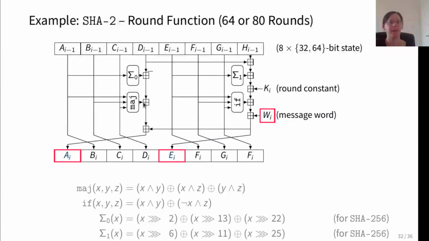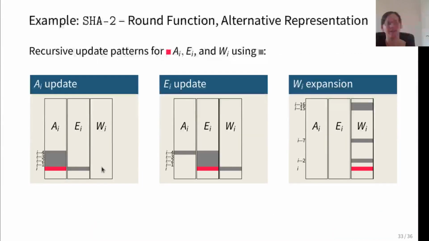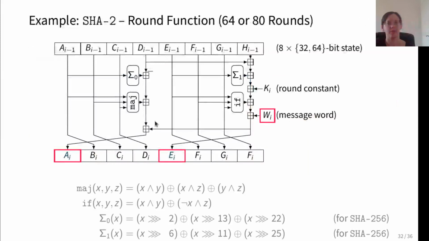And these are updated based on the previous A, B, C, and D. Now, since each of these are just shifted copies of the old A's, this means that, in other words, at one step, the A word is updated based on the 4 previous A words and the current E word, if you look at this function here.